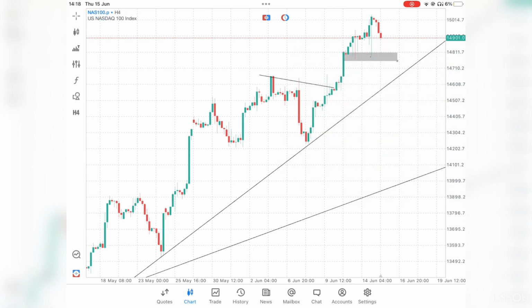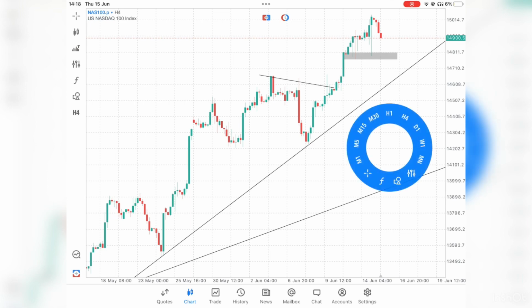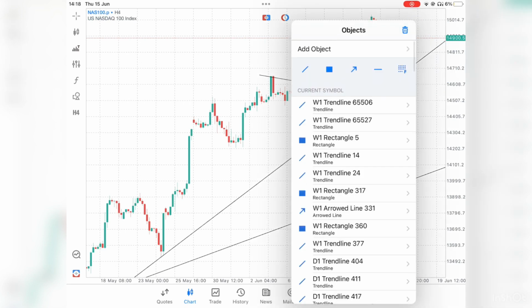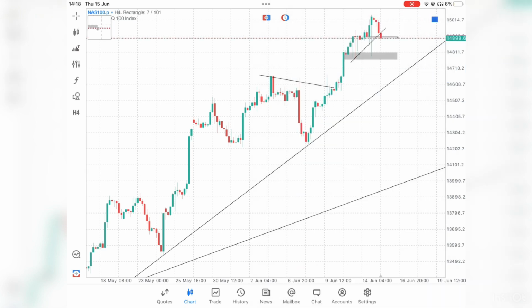Yeah, as you can see, we have this support structure here, and we also have this trend line. So we have an ascending structure here that clearly tells us that we might be looking to go to the downside. So we might be having a short-term sell.